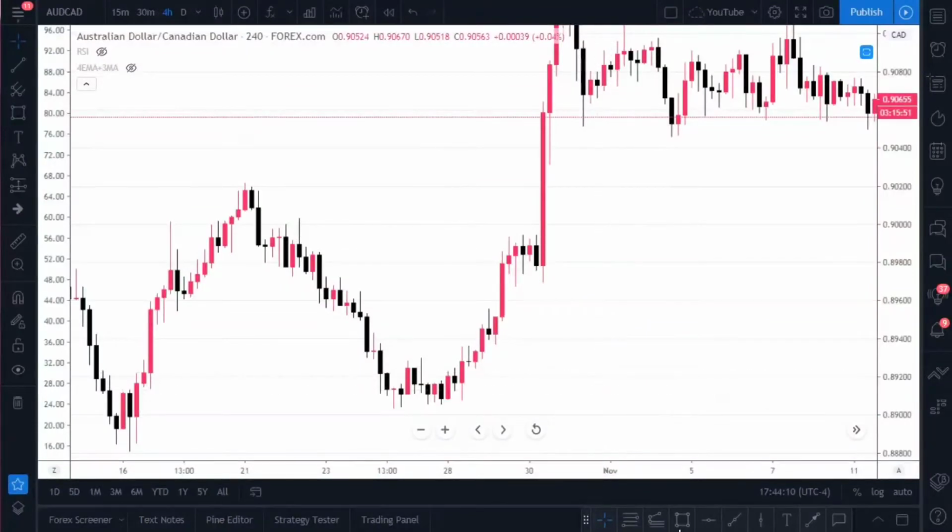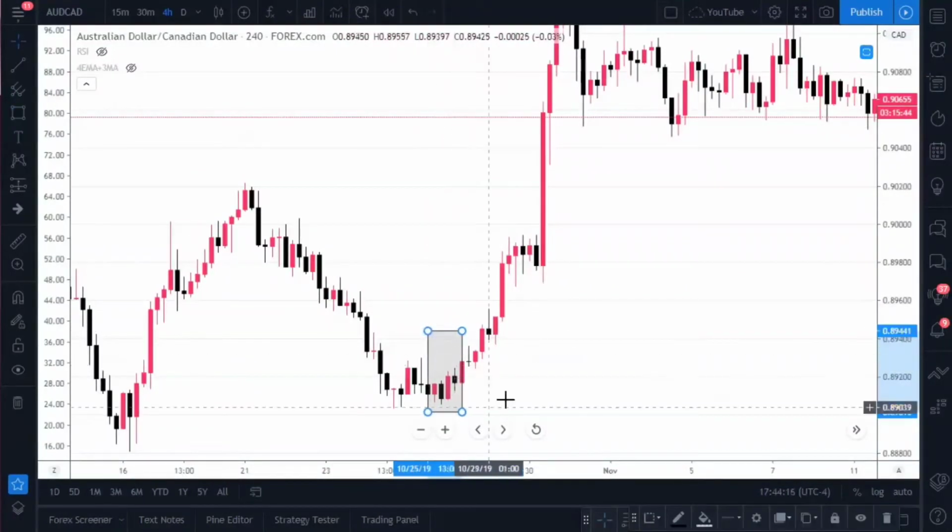Okay, so here's another example where we find the first sign that the market kind of wanted to turn around. We got small sell candles followed by large buy candles back to back, and then it happened again here.